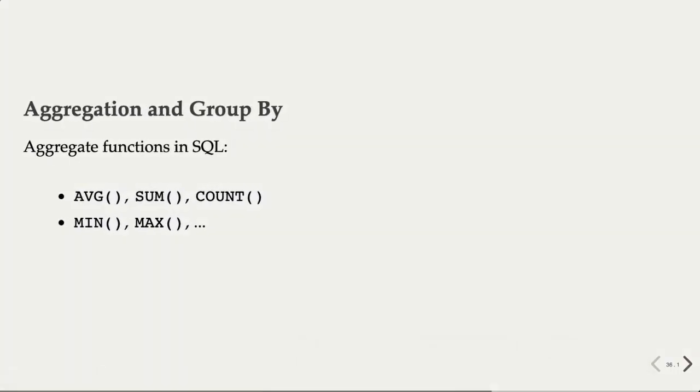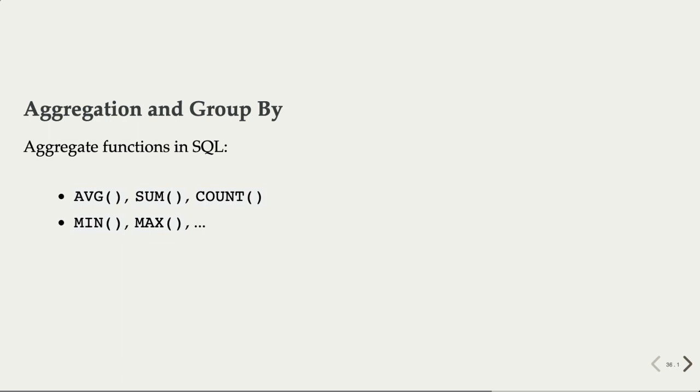Now let's talk about something useful for analysis and reporting: aggregate functions and GROUP BY. In SQL, you have functions such as average, sum, and count to run aggregations or basic statistics. Of course, you also have min and max to get the minimum value and the maximum value.